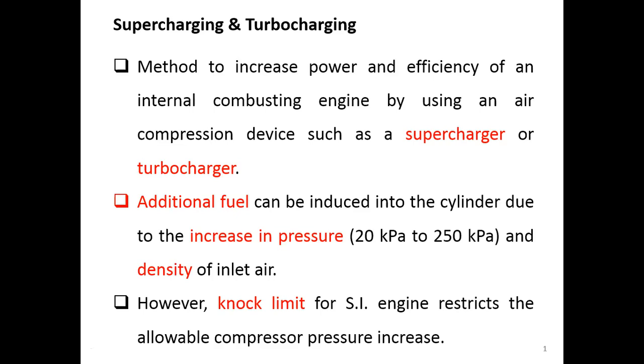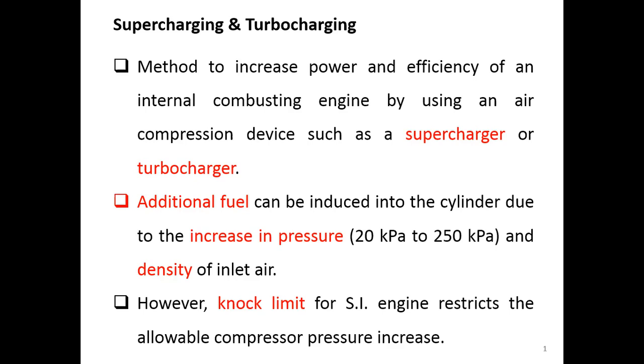By doing this, we can add more fuel into the cylinders because of the amount of air that we introduce into the engines. Now there is an increase in pressure. The pressure of the air can be increased from 20 kPa to 250 kPa.